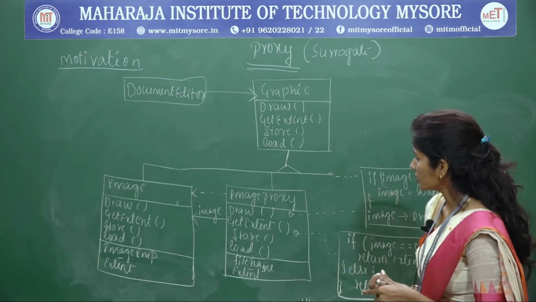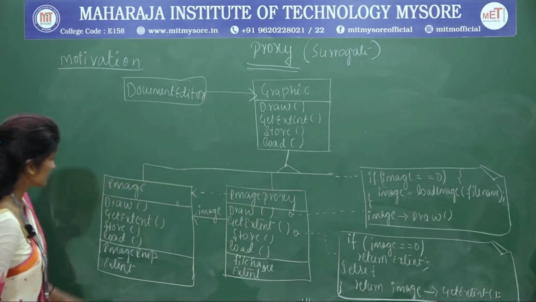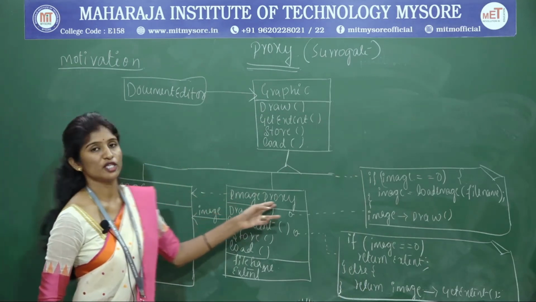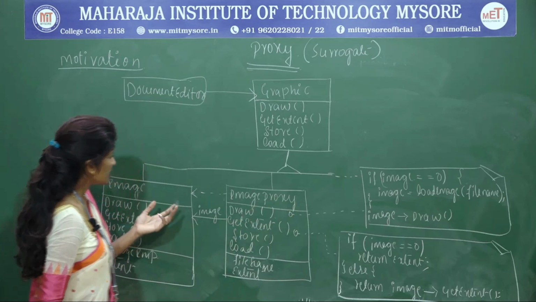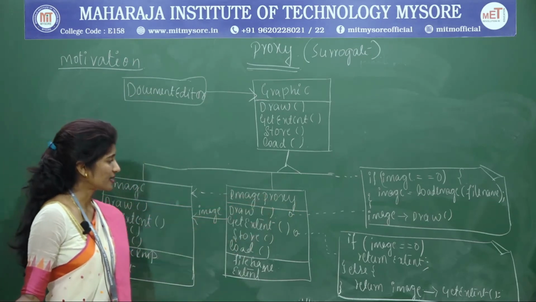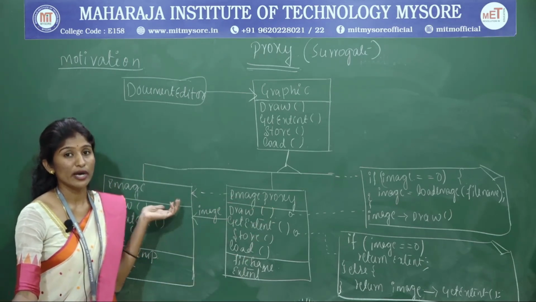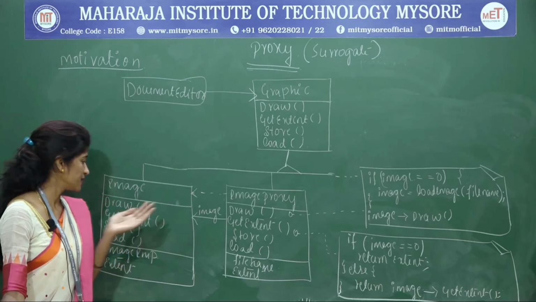Okay, so following that you have the derived classes, that is image and image proxy. Here image proxy is our design pattern. Okay, so that is the proxy design pattern, and your image is actually the original one, the original image object where it is being stored.